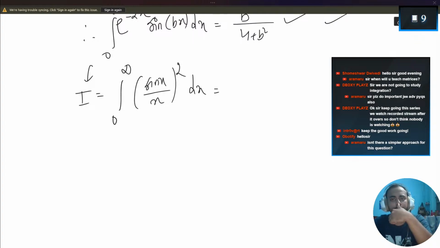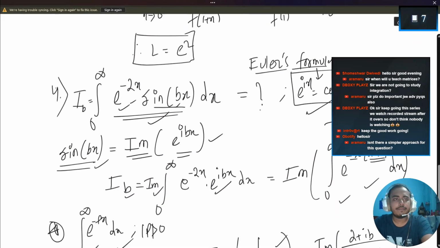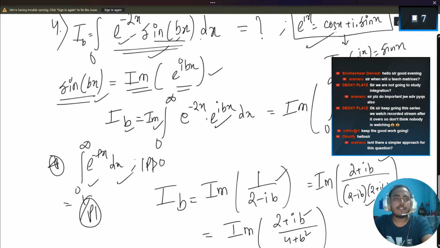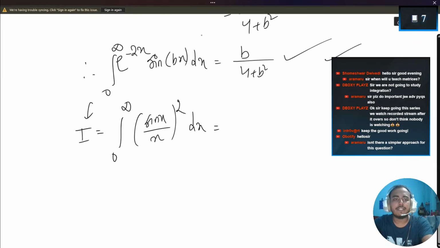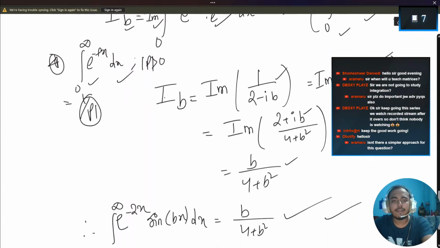Is there a simpler approach for this question? This is the simplest approach, I would say. Are you talking about the e to the power minus 2x sine bx one, or this new integral, number 5?